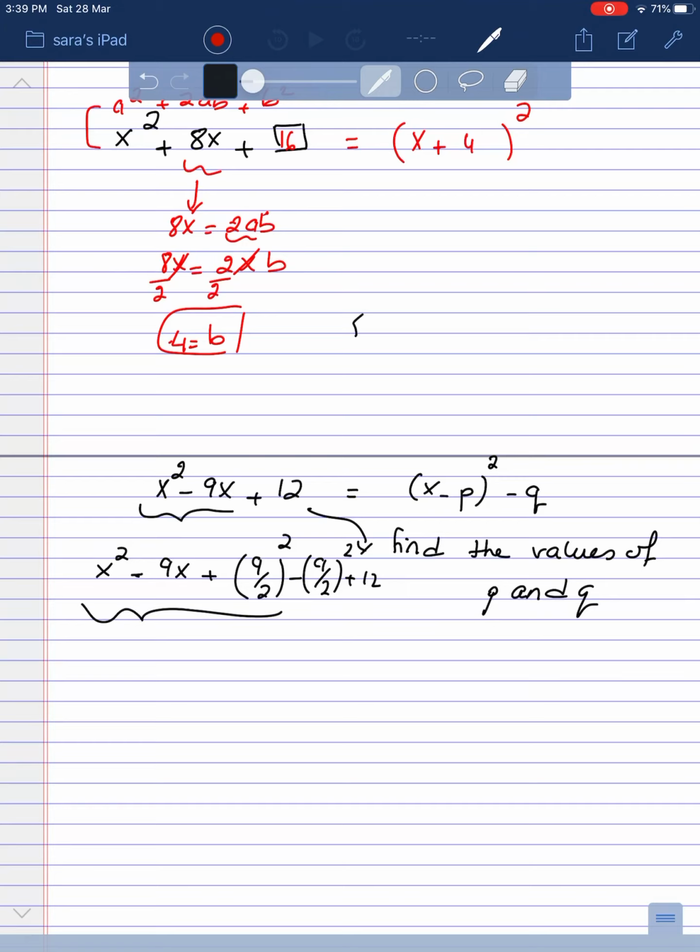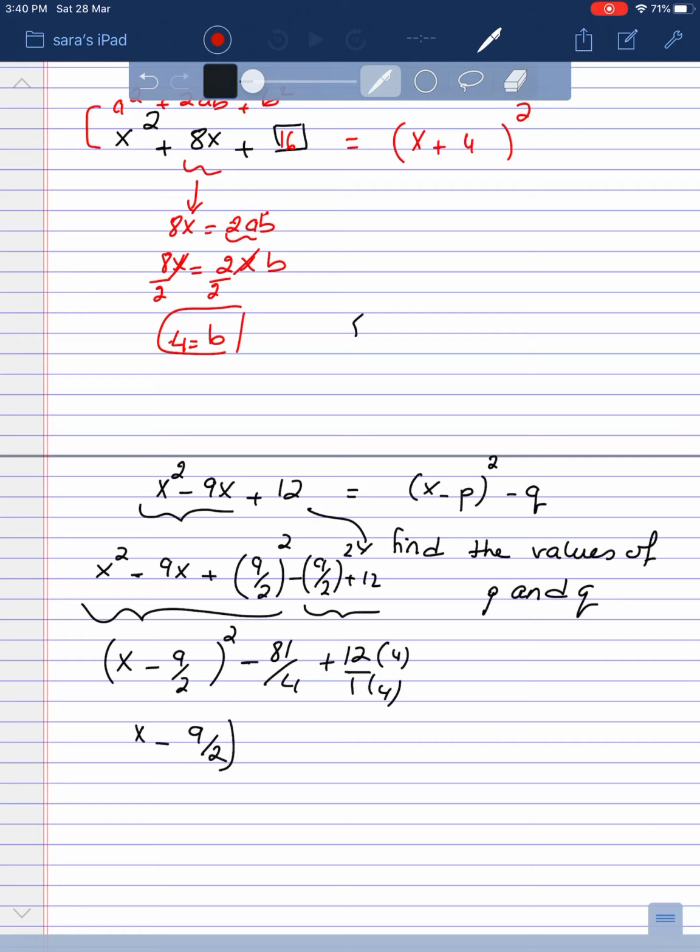The first three terms of this expression, which is x squared minus 9x plus (9 over 2) squared, can be written by completing the square as (x minus 9 over 2) to the power 2. And let us simplify the last two values, which will be minus 81 over 4 plus 12. How can I simplify minus 81 over 4 plus 12 to write it as a simple fraction, by having a common denominator?